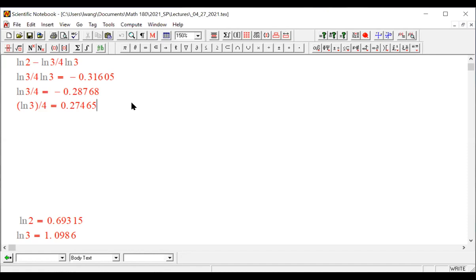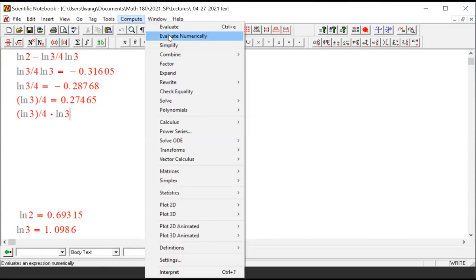Now I'm trying to figure out how this is done, because ln 3, this is the number. If I put all of these numbers together, I get this number. If this is regarded as 0, and multiply ln 3, I know this order, to see if we get the same number.